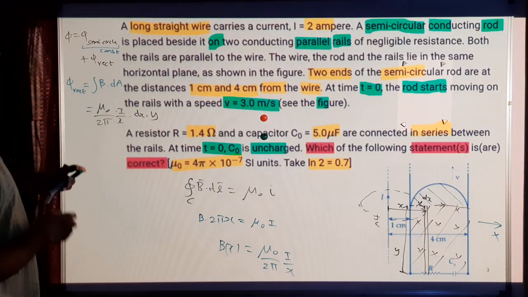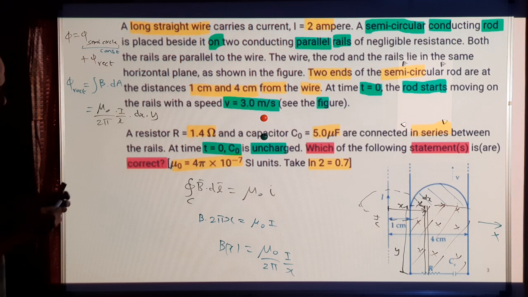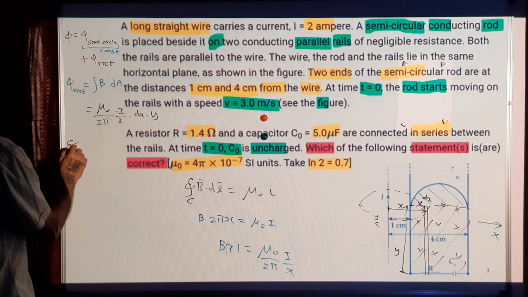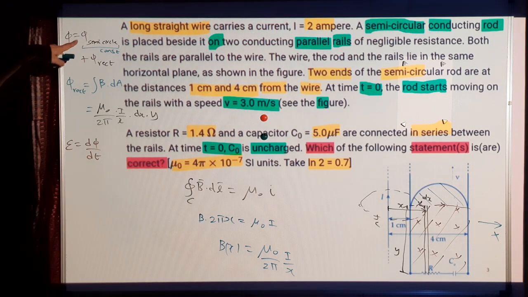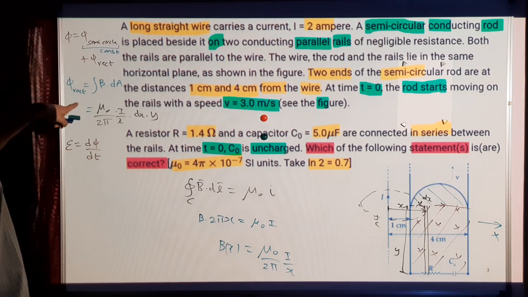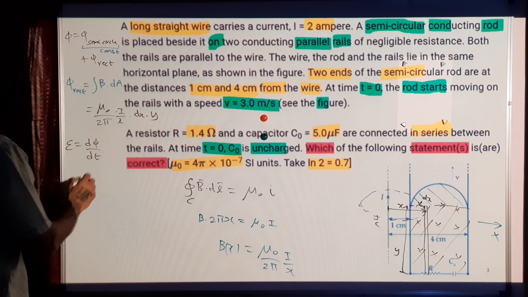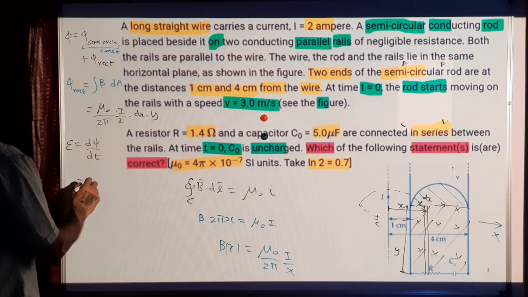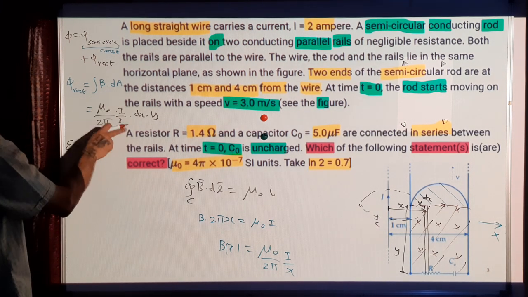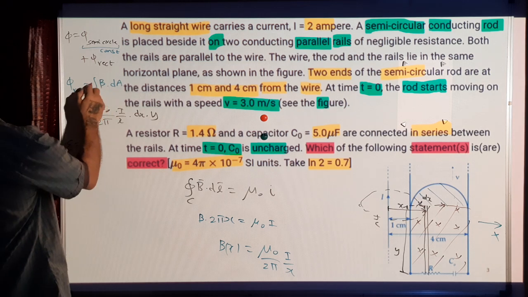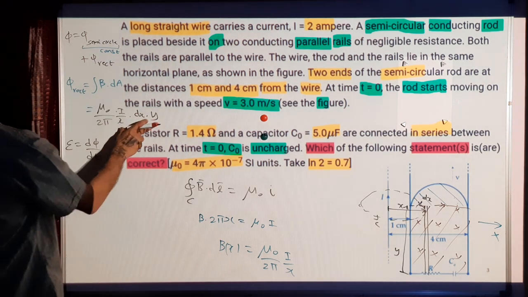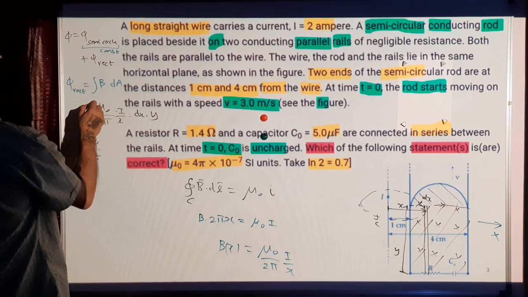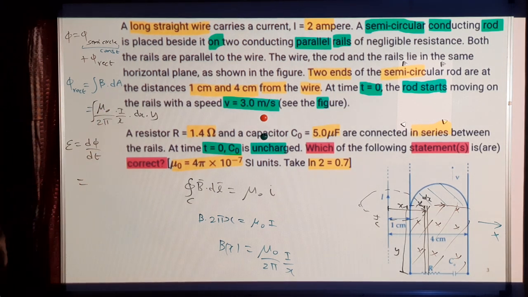The induced EMF is d phi by dt, and the first term is constant, so d by dt of the first term is 0 and only the second term will come. Before that, I have to integrate this one, this integration, before coming to the EMF calculation.